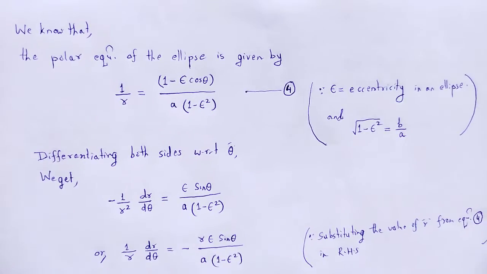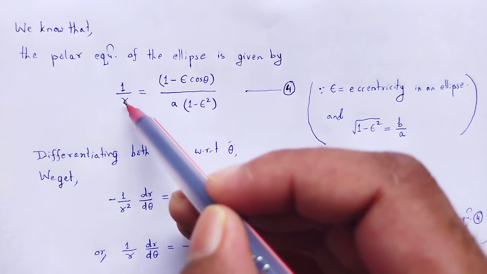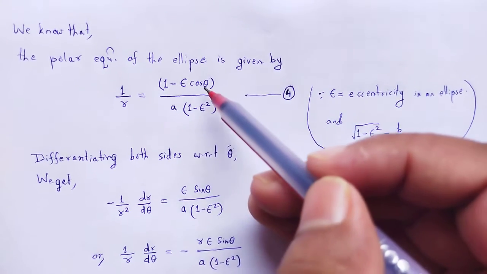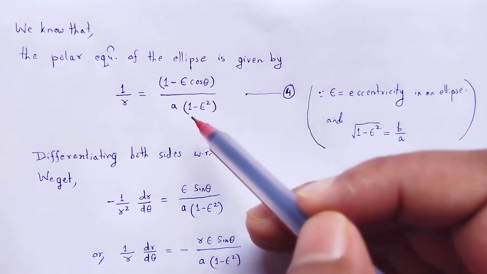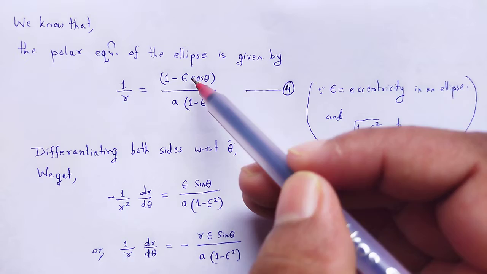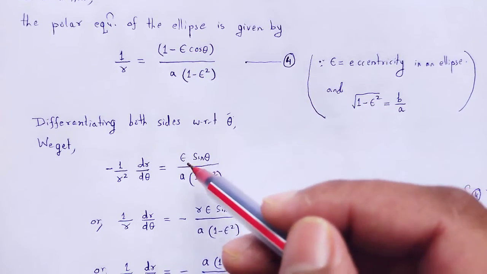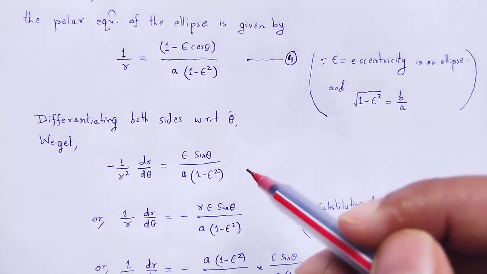Now differentiating that equation with respect to theta: the left side gives minus 1 by r square dr by d theta, and the right side, with the denominator as a constant, the derivative of cos theta is minus sin theta, so minus times minus gives plus epsilon sin theta divided by a(1 minus epsilon square).